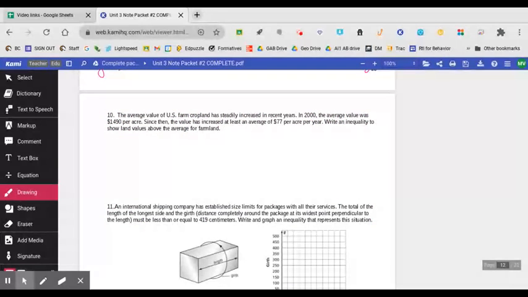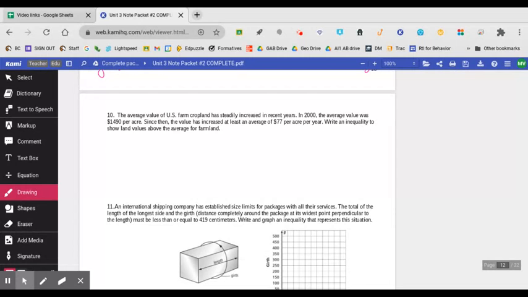So number 10 now says the average value of a U.S. farm cropland has had a steady increase in recent years. In 2000, the average value was $14.90 per acre. Since then, the value has increased an average of $77 per acre per year. Write an inequality to show land values above the average for farmland.